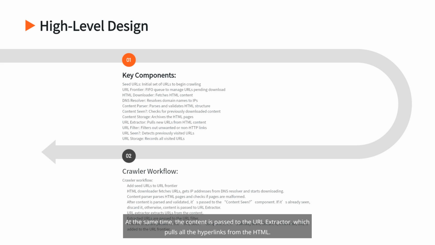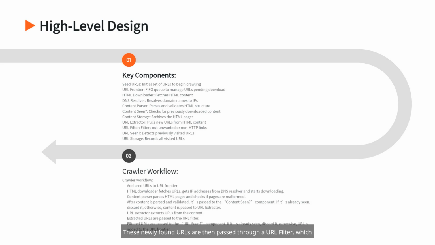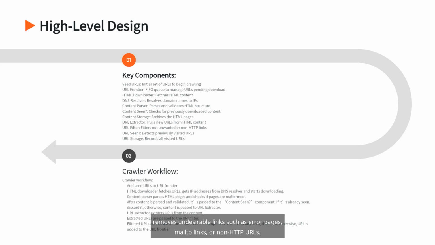At the same time, the content is passed to the URL extractor, which pulls all the hyperlinks from the HTML. These newly found URLs are then passed through a URL filter, which removes undesirable links such as error pages, mailto links, or non-HTTP URLs. Filtered URLs go through the URL seen module to check whether they have already been visited.